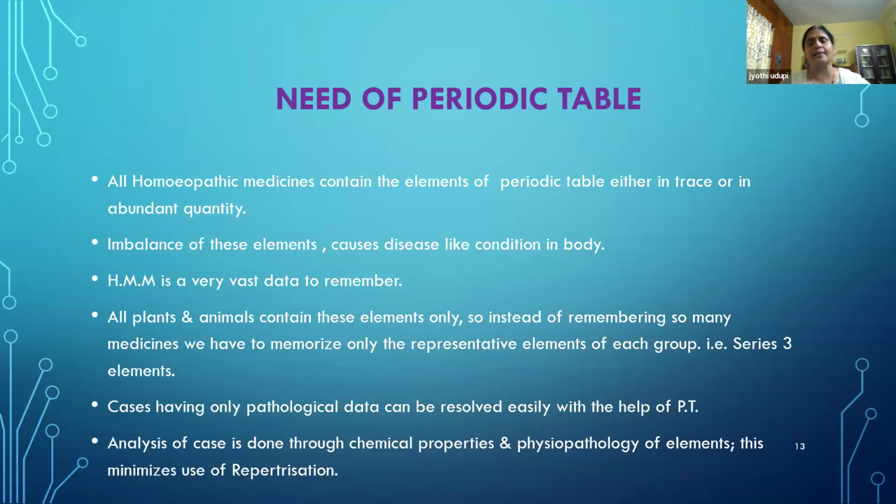Why we need the periodic table in our practice is a question. All homeopathic medicines contain the elements of the periodic table either in trace or in abundant quantity. Imbalance of these elements causes disease-like conditions in the body. Homeopathic materia medica is very vast data to remember.